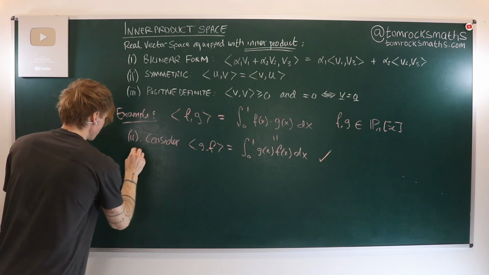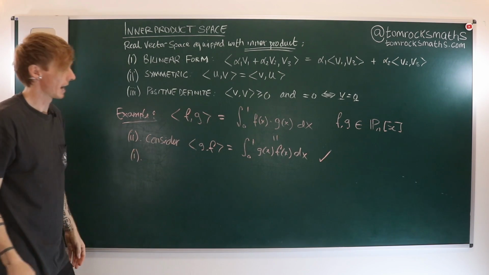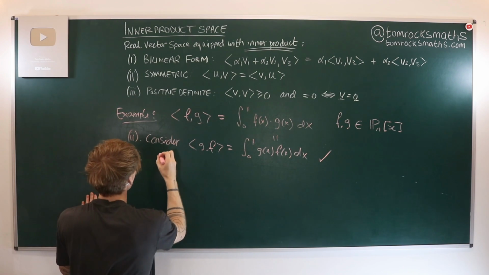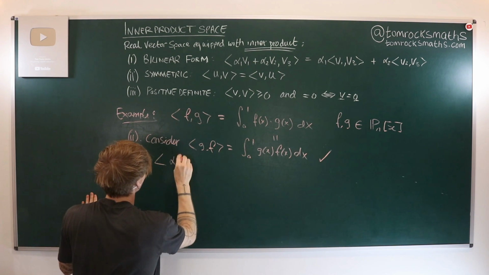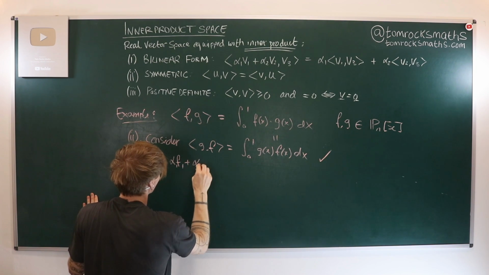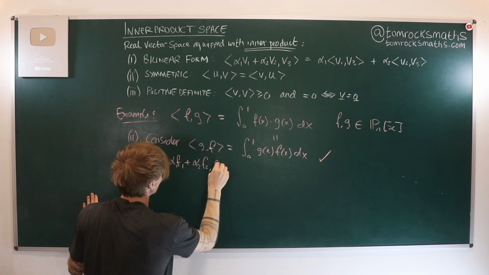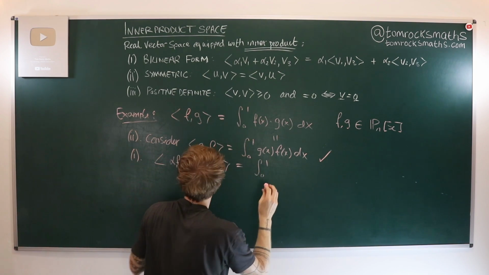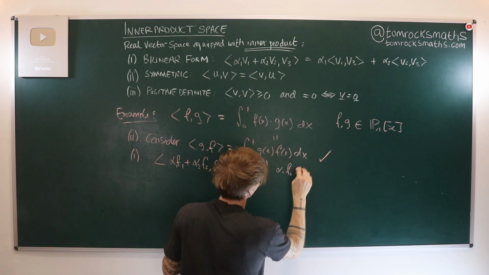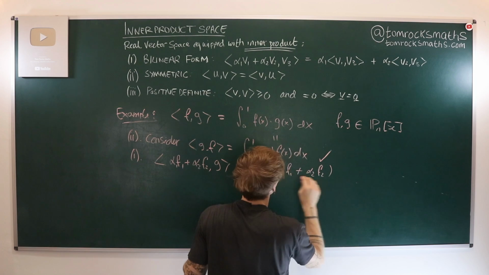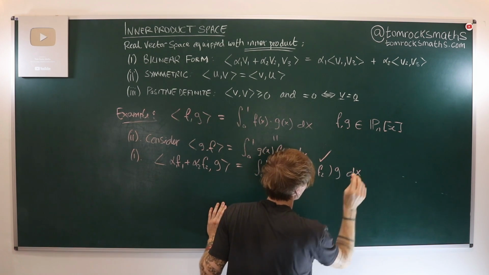Now linearity, bilinear form. Again, we can just consider it in the first position and look at alpha 1 f1 plus alpha 2 f2, comma g. So again, by the definition, that's the integral from 0 to 1 of alpha 1 f1 plus alpha 2 f2 multiplied by g dx.